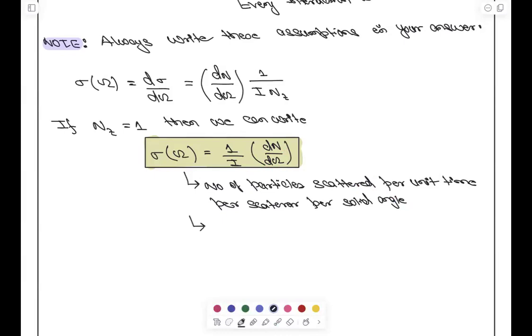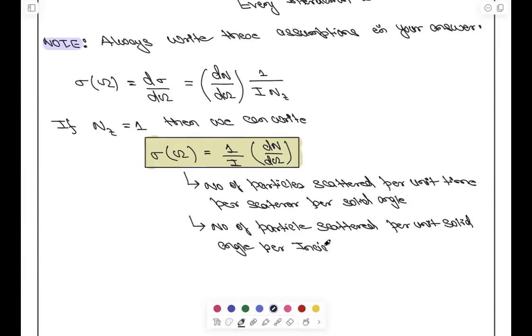Second, the number of particles scattered per unit solid angle per incident flux, per incident flux.